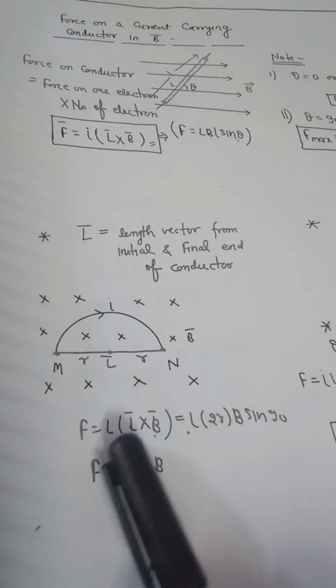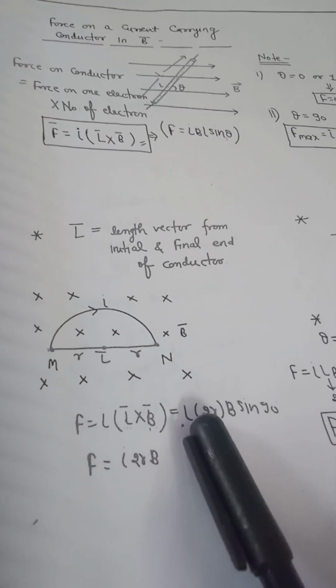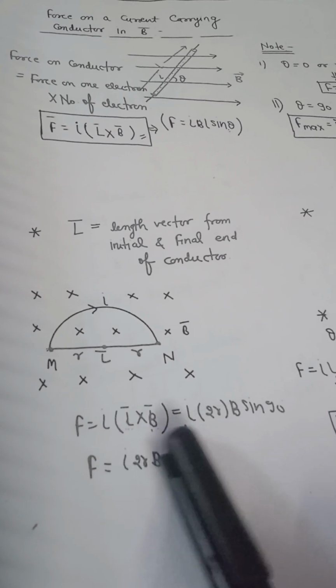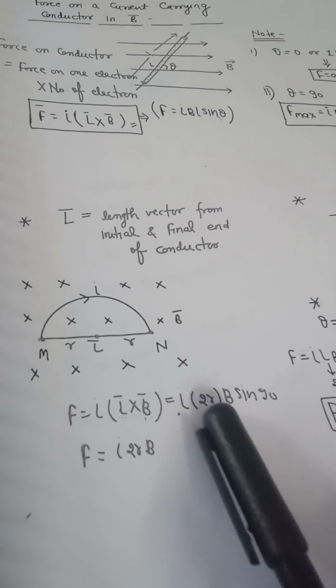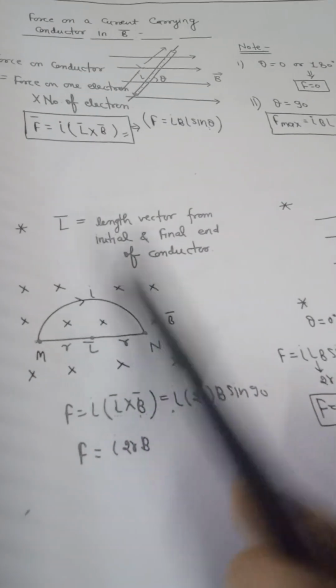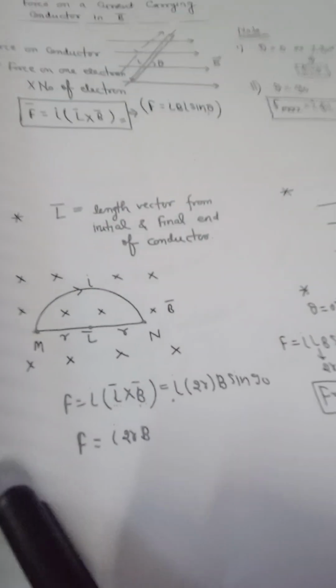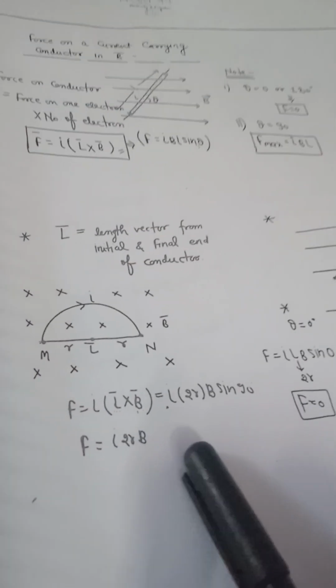So F equals I L cross B. Here L is 2R, so it will come 2R B sin theta because the angle is 90. So here F is equal to I 2R B.